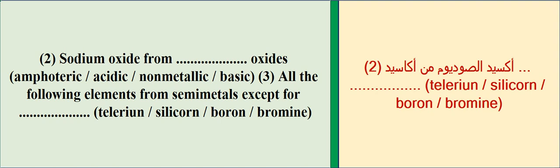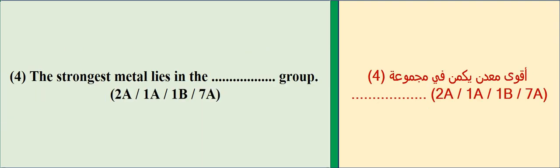All the following elements are semi-metals except for: tellurium / silicon / boron / bromine. 4. The strongest metal lies in the group: 2A / 1A / 1B / 7A.